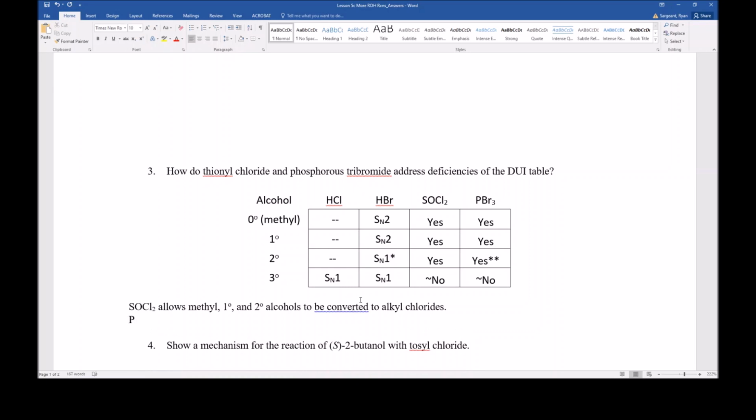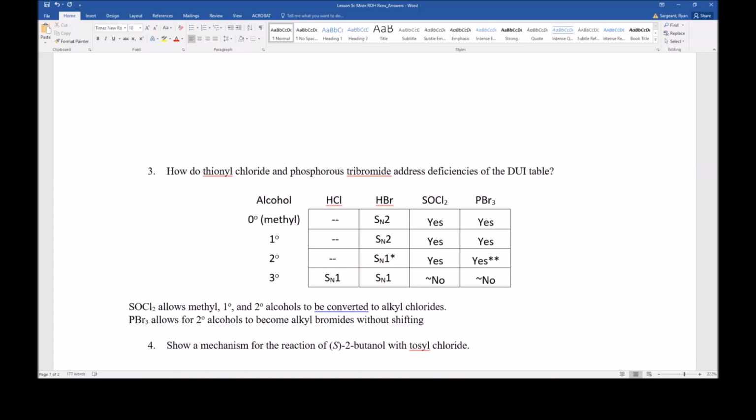And then PBr3, or phosphorus tribromide, in the words of a chemist, allows for secondary alcohols to become alkyl bromides without shifting, without those types of carbocation rearrangements or shifting.